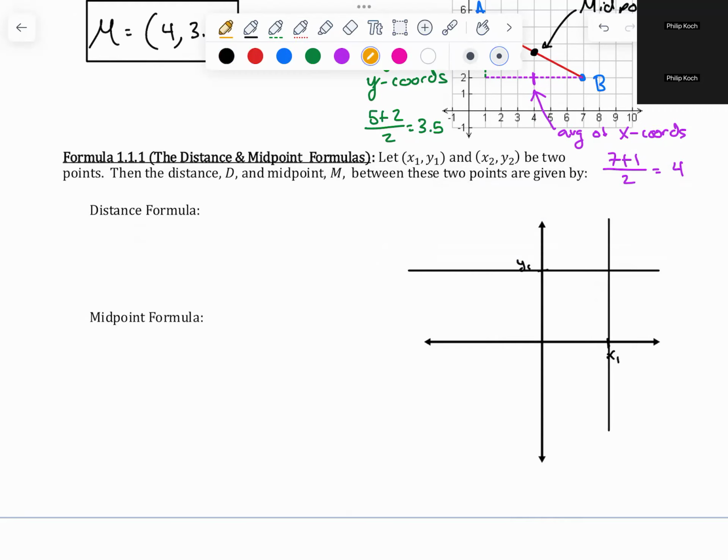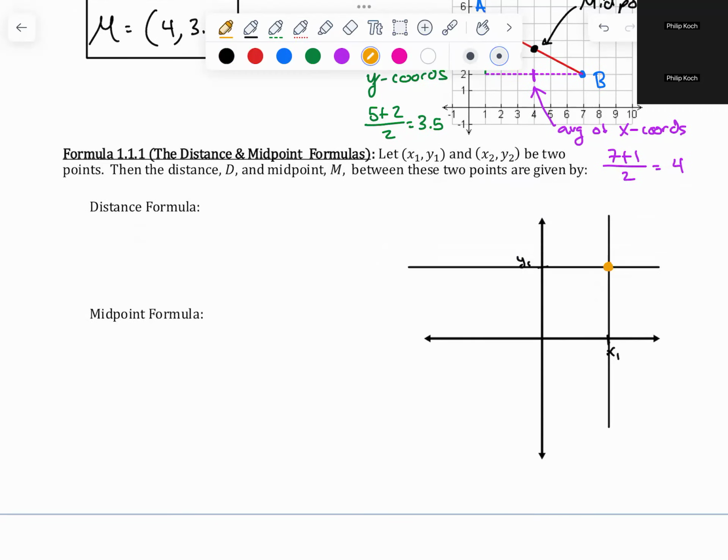And then also plot x sub 2, y sub 2. We'll do x sub 2 over here on the left side of the x-axis, and then maybe y sub 2 is there. So this is the point x sub 1 comma y sub 1, and this is the point x sub 2 comma y sub 2.